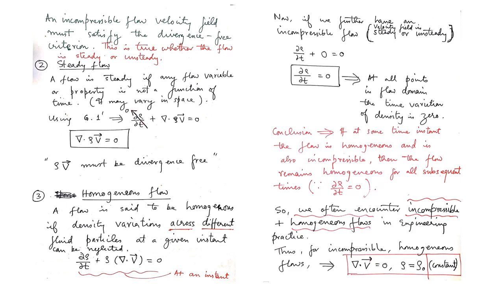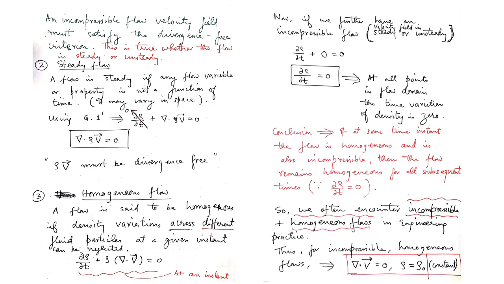So we say that density variations across different fluid particles, यानी हम allow नहीं कर रहे हैं density variation, हम ये कह रहे हैं कि density variations across different fluid particles at a given instant of time can be neglected, या तो वो इतने small हैं कि उनको आप neglect कर सकते हैं. That's the idea.